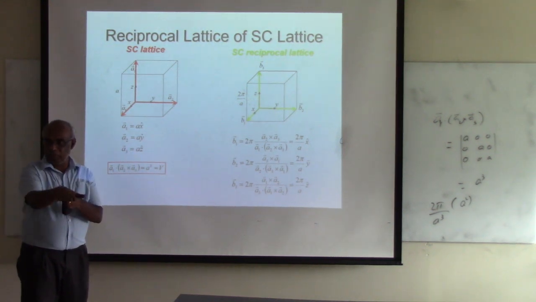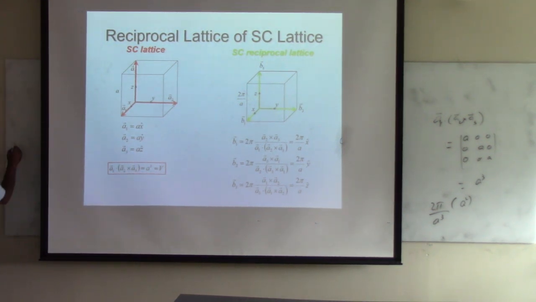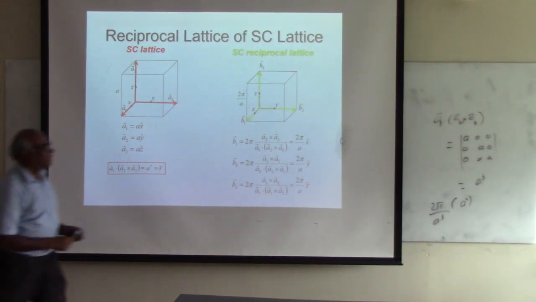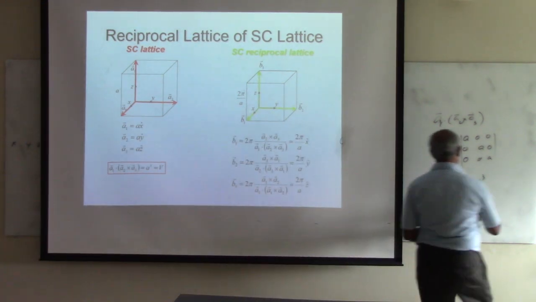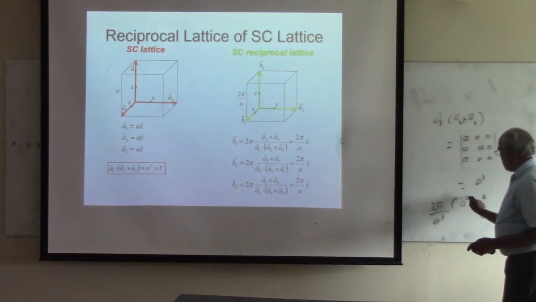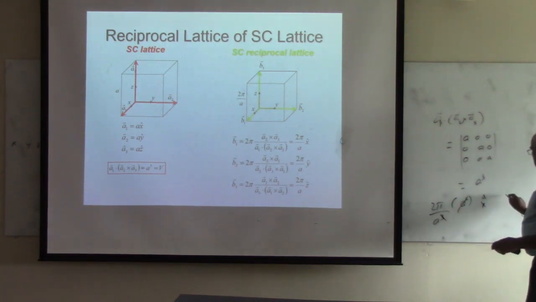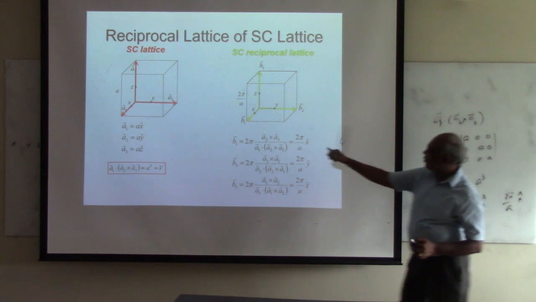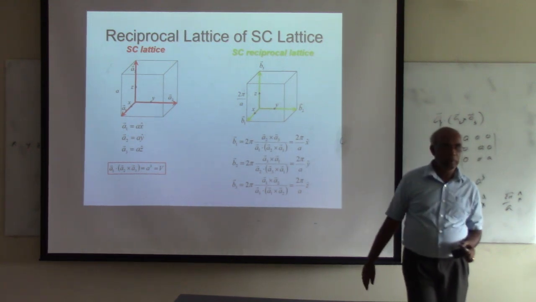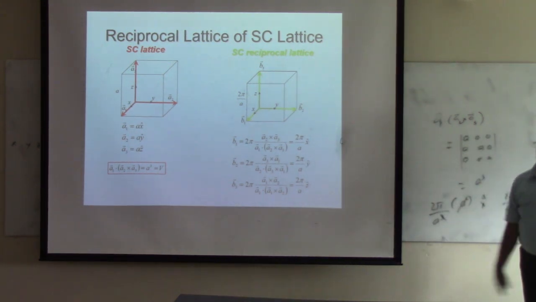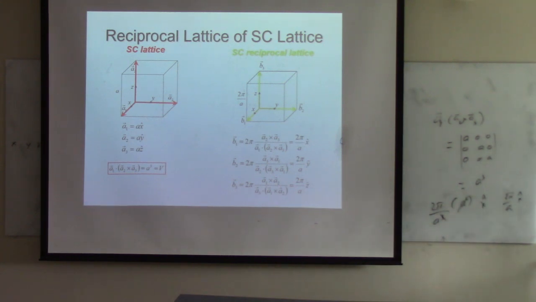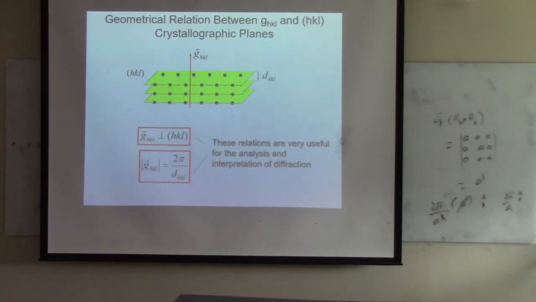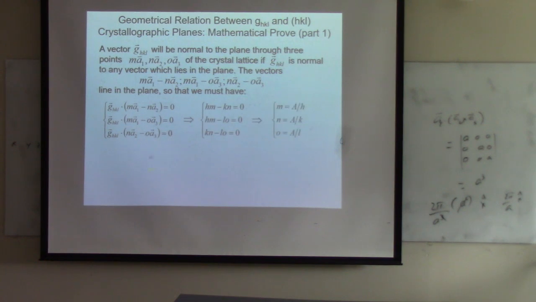This is a vector product, x, y, z. With the right hand rule, x to y gives you the z direction, so y to z will give you the x direction. So what you have, A squared, this cancels, you get 2 pi over A times x in this direction. Like that, you can calculate everything. That's easy for simple cubic. If you take a face centered, okay, yeah, let's do that one also before we go further.